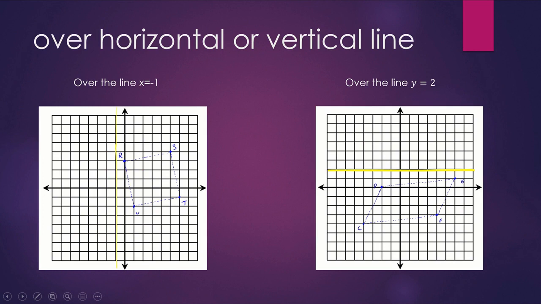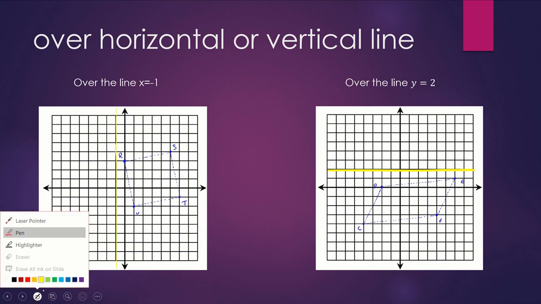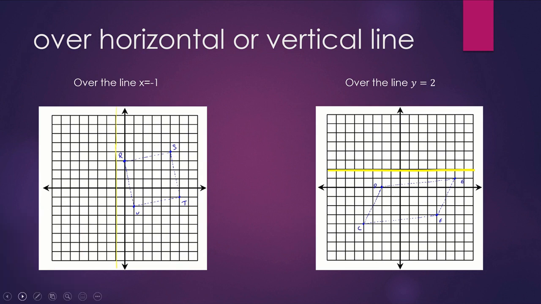All right, so last one. For reflecting over the vertical line, remember they're the same distance. And so what I recommend is counting. But remember, whenever we reflect over vertical lines, x changes.